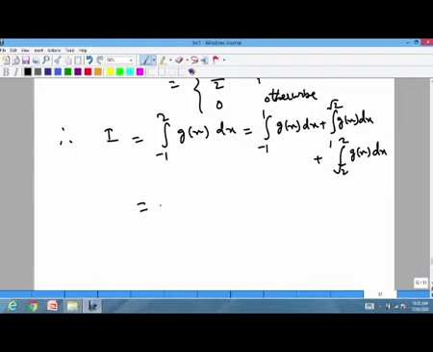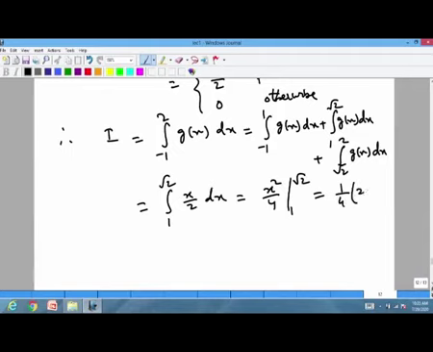Now, here g of x is 0 in the first interval and the last one. So, this is equal to the integral of 1 to root 2 of x by 2 dx, which comes out to be x square by 4 evaluated between 1 and root 2, and this gives the answer as 1 by 4 times 2 minus 1, which is 1 by 4. So, I is equal to 1 by 4 is the answer.